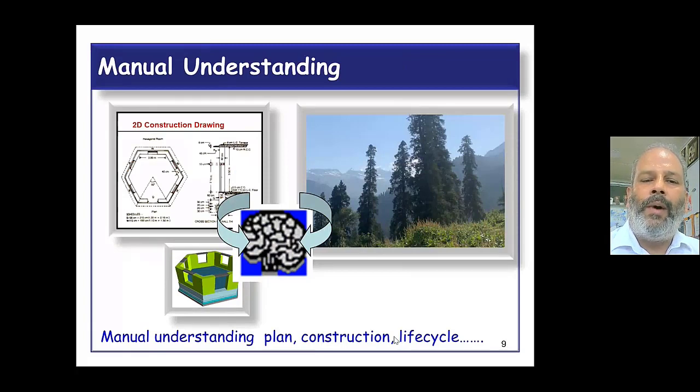Generally, what is done, we model a building or facility in isolation, or we develop 2D drawings or 3D models. Then we mentally think that that building or structure is to be constructed at a particular location, and we try to visualize execution sequence, construction, or its life cycle manually.